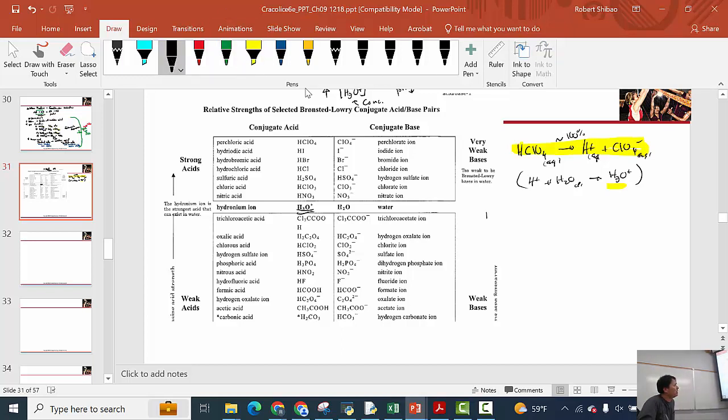Or two, we think of it this way. If we have water present, then the HClO4 will react with the water. We'll call this the acid, and water will be the base. What we form is hydronium directly and perchlorate ion, like this. And this is about 100%. These two equations are equivalent.